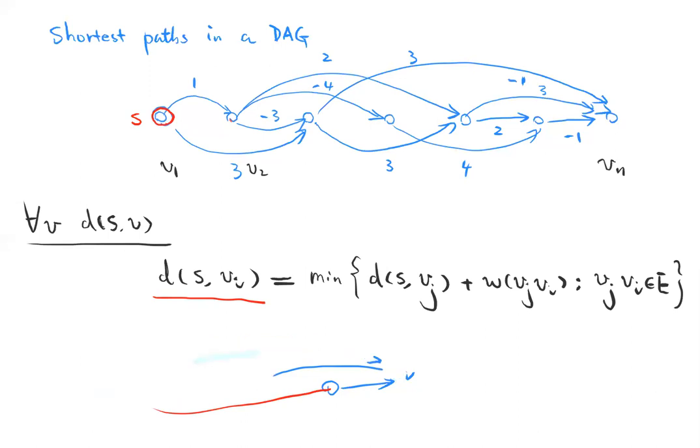Now it's easy to see that if we compute this recurrence relation using a top-down approach, we'll see a lot of overlapping problems, because the distance from S to some vertex will be required several times. It's very easy to see.